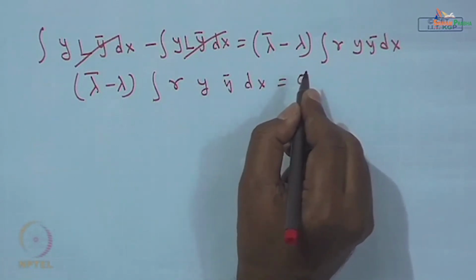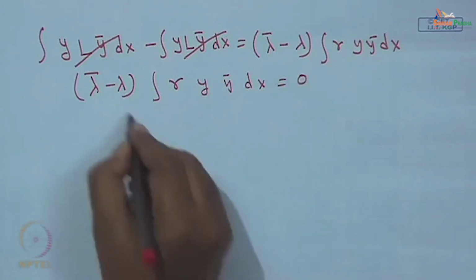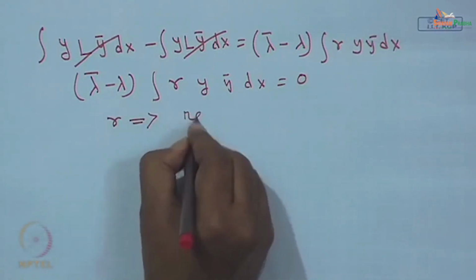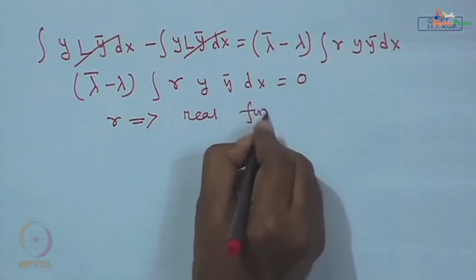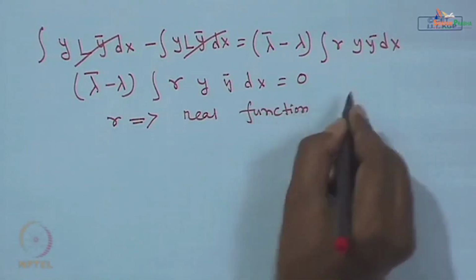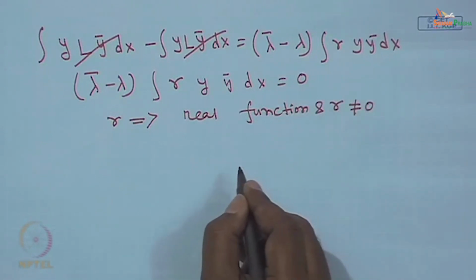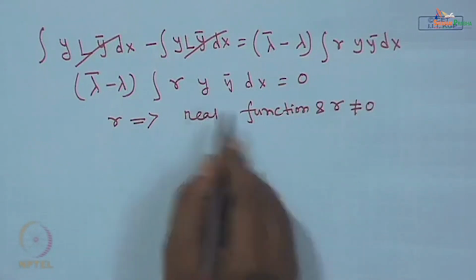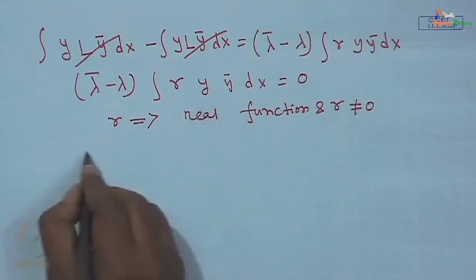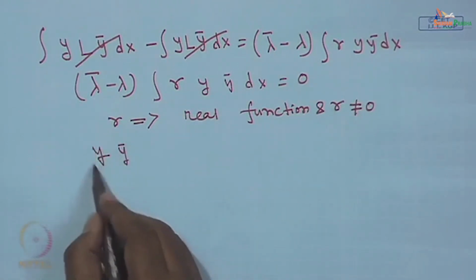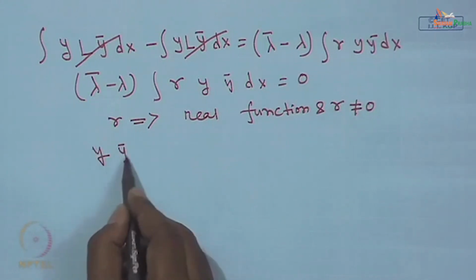We have already seen that r is a real, non-zero function. So, r cannot be equal to 0. So, what is the product of y and y bar? It is a complex number multiplied by its complex conjugate.